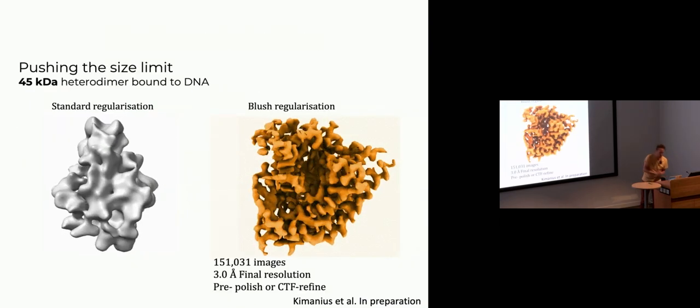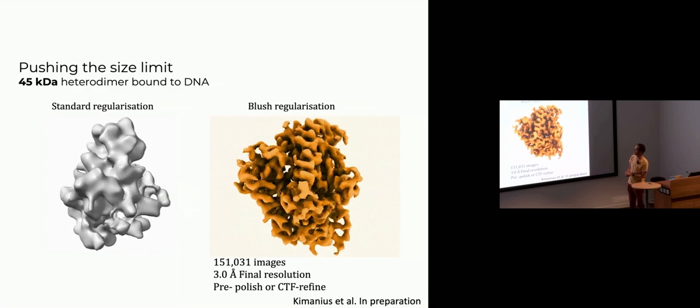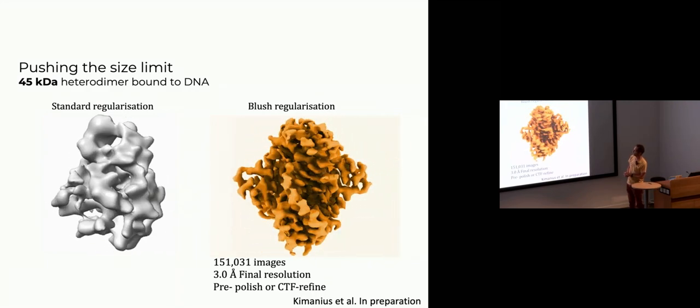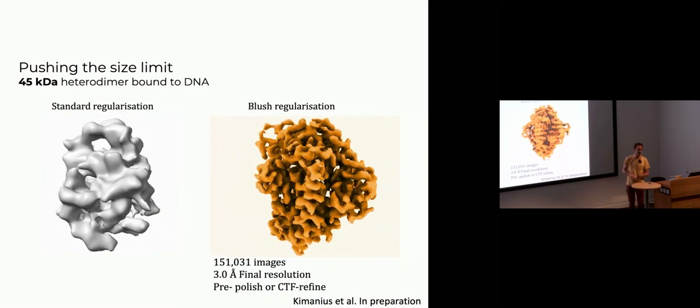And this is an example from Max Wilkinson, who was a student with Kiyoshi Nagai. He was working on this heterodimer, which is bound to DNA. The molecular weight of this complex is only 45 kilodaltons.